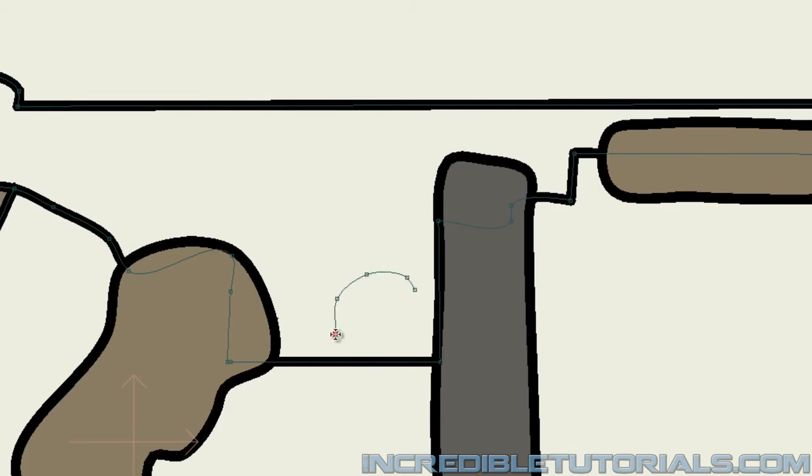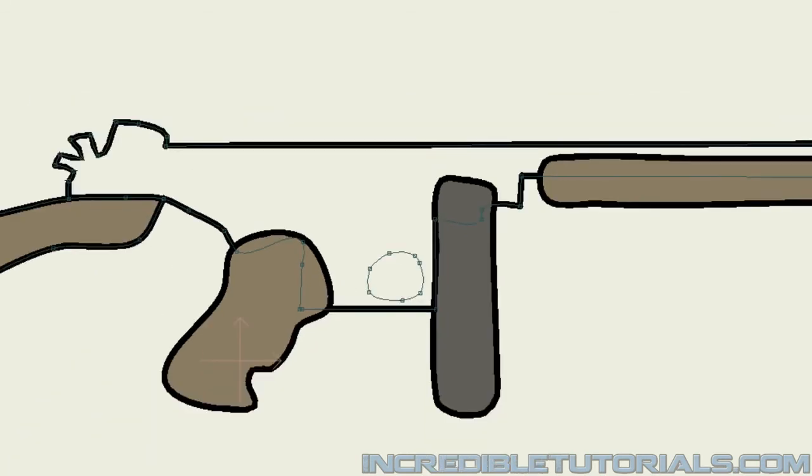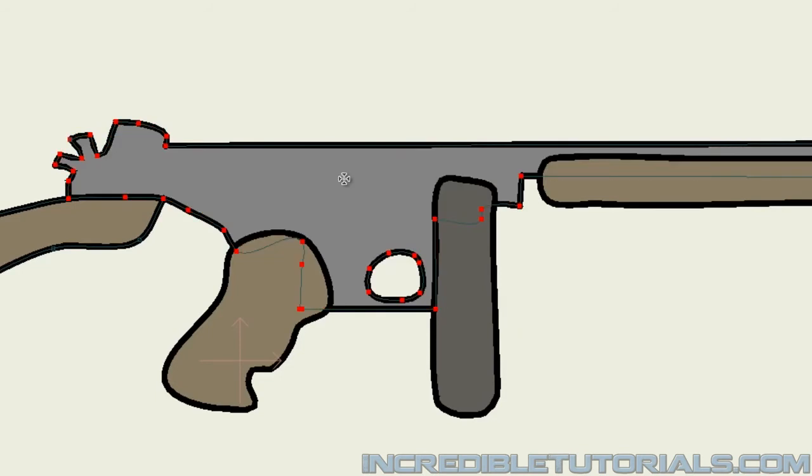Now you could also use the add shape tool for this if you really wanted to. It's just a matter of preference. So once I've done that, now I will take the paint bucket tool and fill in the area, because now I have that area for the trigger.